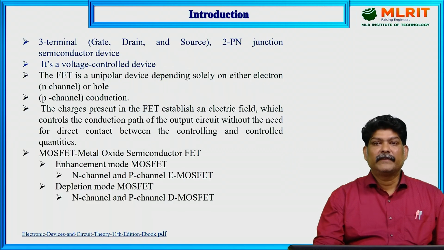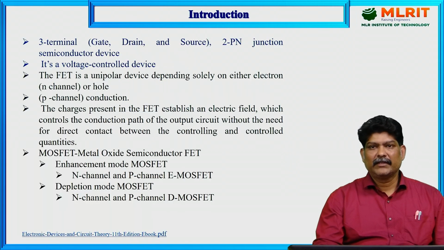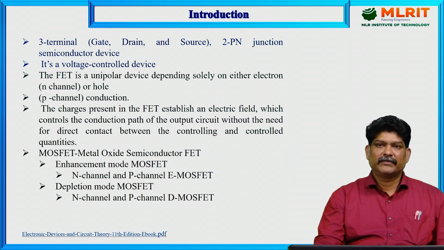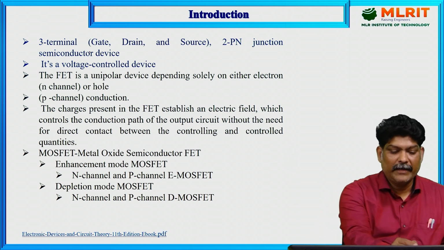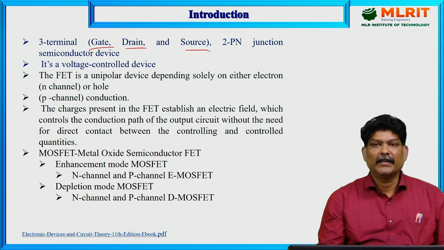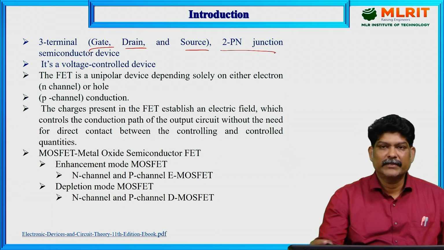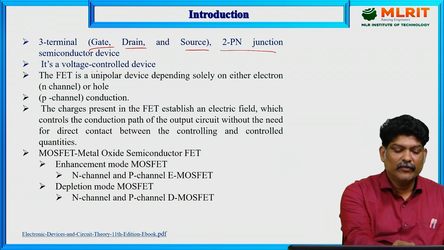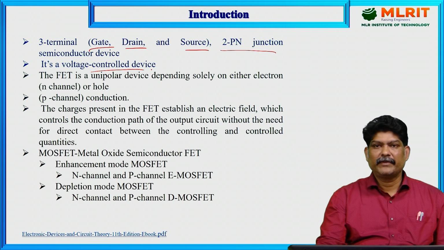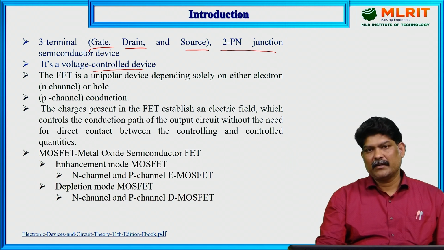So we know FET, the field effect transistor. MOSFET is a family of FET. FET is a three-terminal device which consists of gate, drain, and source, and it is a voltage control device. In contrast, the BJT is a current control device because the output current is controlled by the input current.